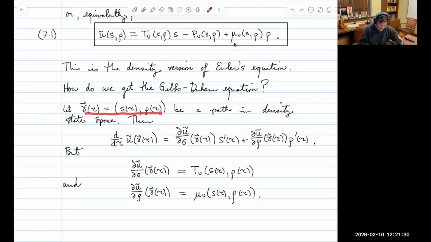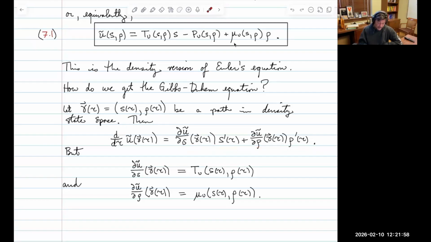So I've got this path through state space. And now just using chain rule and knowing that lowercase u, the energy density, is a function of the entropy density and the number density of moles, and taking the derivative with respect to the parameter of that path and using chain rule, I just get these two terms.